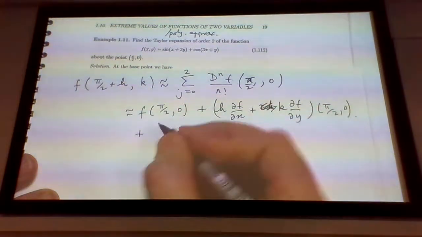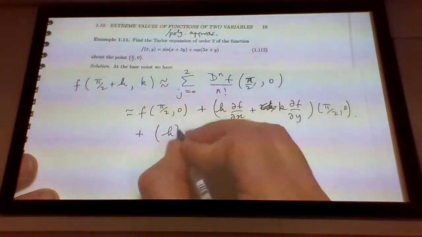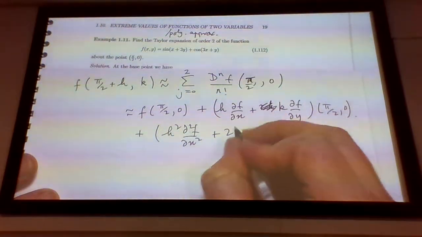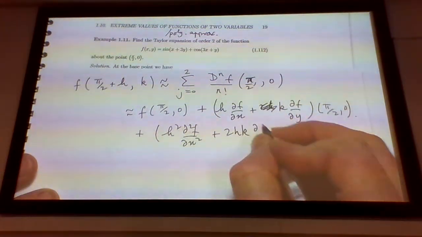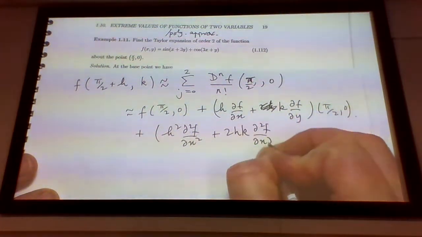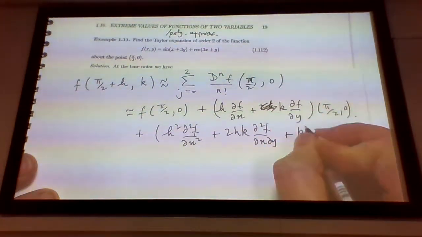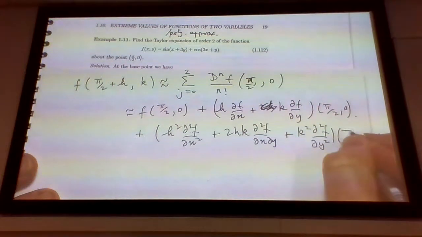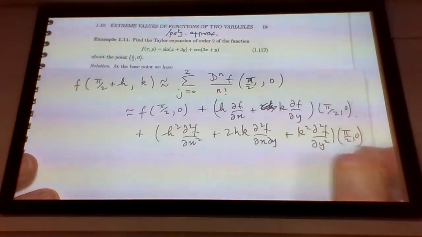Then the order 2 terms are h squared d2f dx squared, plus 2hk d2f dx dy, plus k squared d2f dy squared. And again, it's evaluated at pi over 2, 0.